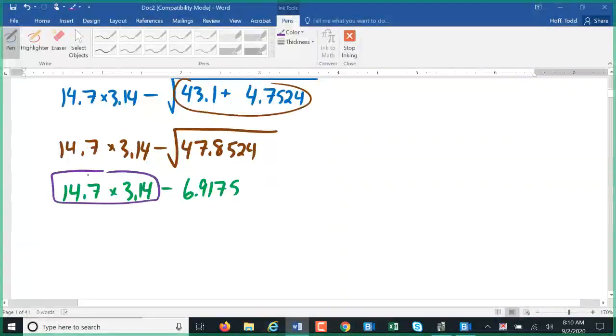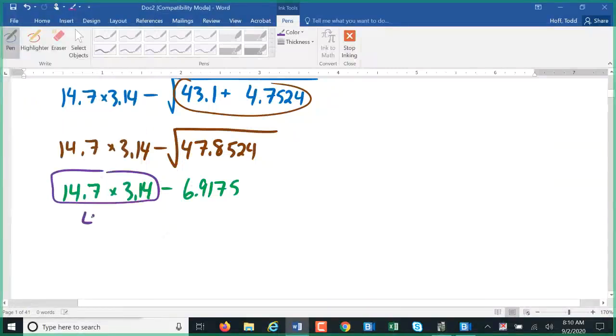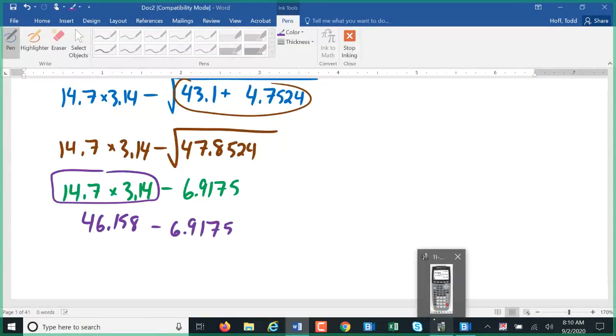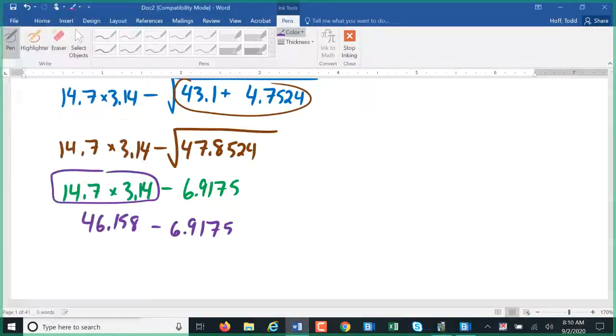We'll multiply here. 14.7 times 3.14 is 46.158 minus 6.9175 gives us 39.2405.